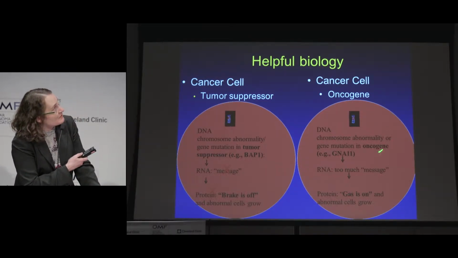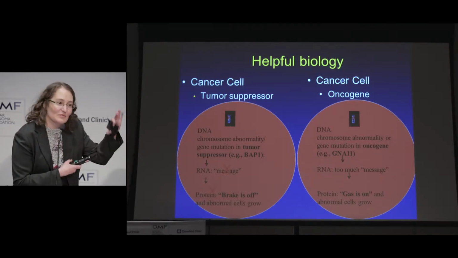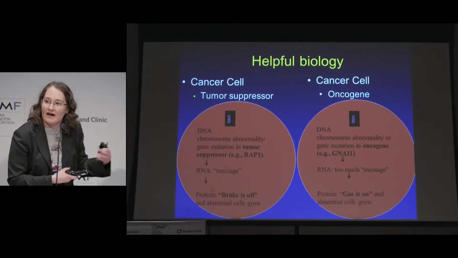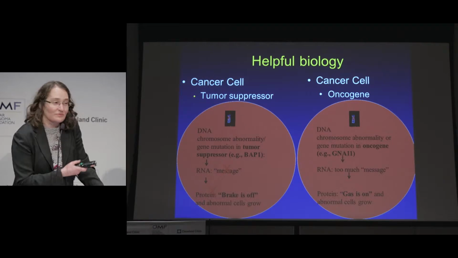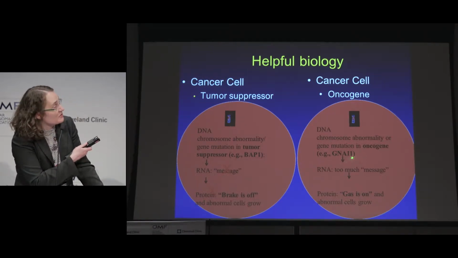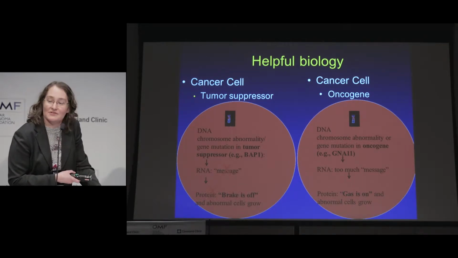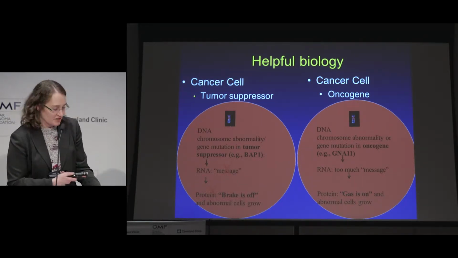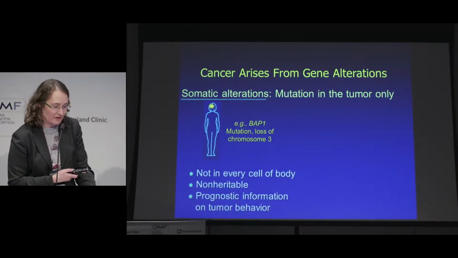What happens in those mutations is kind of like this pathway. You've seen a lot of these pictures of these pathways. That pathway is left on, and it just tells the cell, grow, grow, grow, grow, divide, spread. That's what's going on here if you have this type of mutation. You have too much message, too much protein, making the cells grow and survive when they shouldn't be. So those are 2 types of mutations that can happen in uveal melanoma.